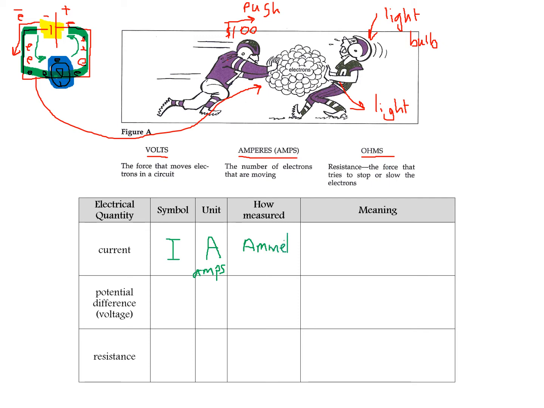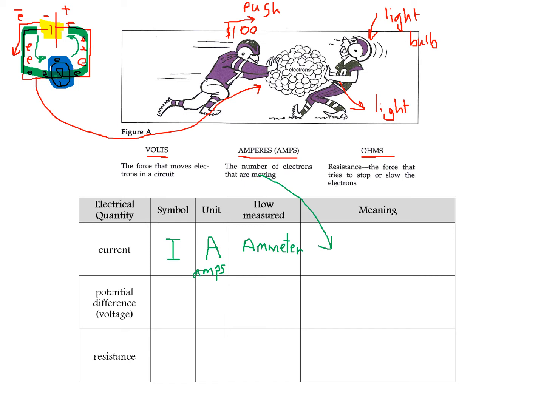And I showed you that on that computer website that you could use to build the circuit. We saw the ammeter. I brought it here and I could measure the current in different places. So this is the meaning: the number of electrons that are moving. That's called current.